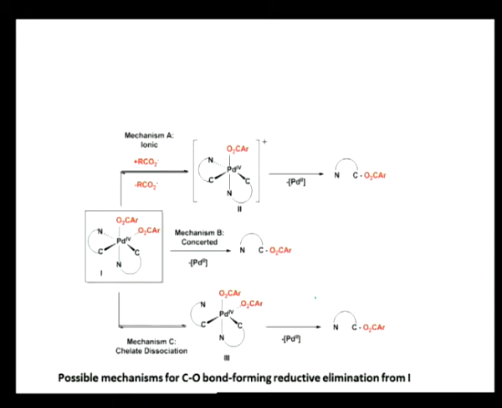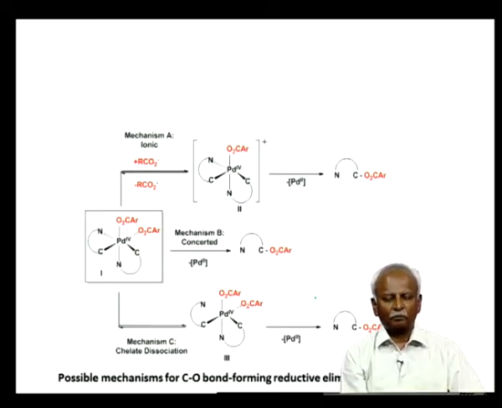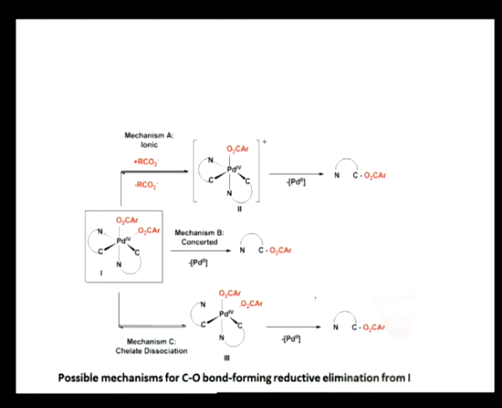And through a series of experiments where they tied up the two chelate rings, they showed that this is highly unlikely to happen. So, the concerted mechanism path B is probably the one which is happening from the coordinatively unsaturated intermediate that is formed.